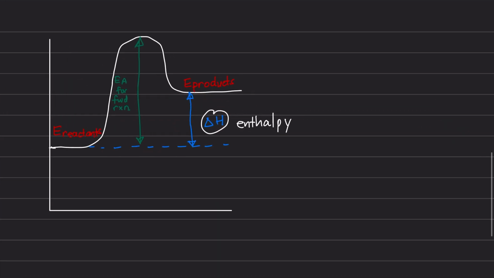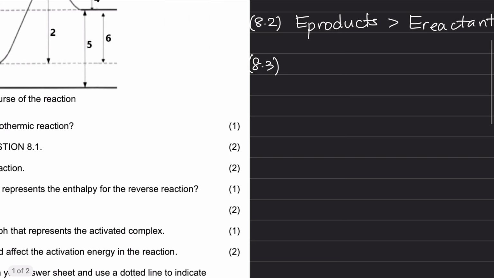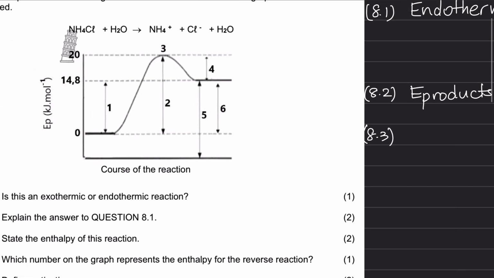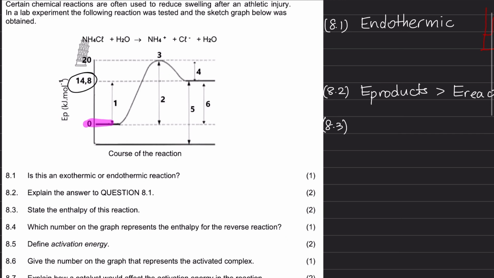The formula for enthalpy is energy of products minus energy of reactants. Now, in this case, since the energy of reactants is 0, we can read it from here. The enthalpy is simply going to be 14,8. So 14,8 kilojoules per mole.